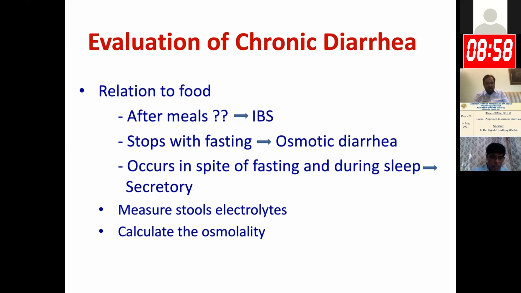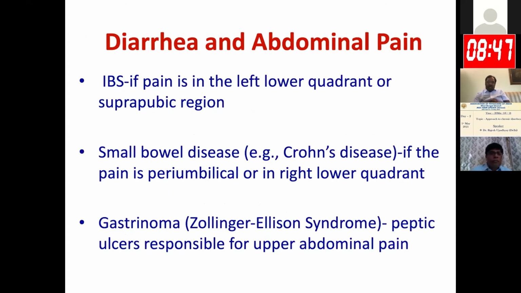And I would not go too much into the measurements of stool electrolytes and the osmolality measurements because these are not commonly done. And depending on the site of the pain, one can also have some idea of the cause of diarrhea. If you have a left lower quadrant pain associated with diarrhea, then irritable bowel syndrome is common. On the other hand, for right-sided pain, the likelihood of Crohn's disease or tuberculosis rises.